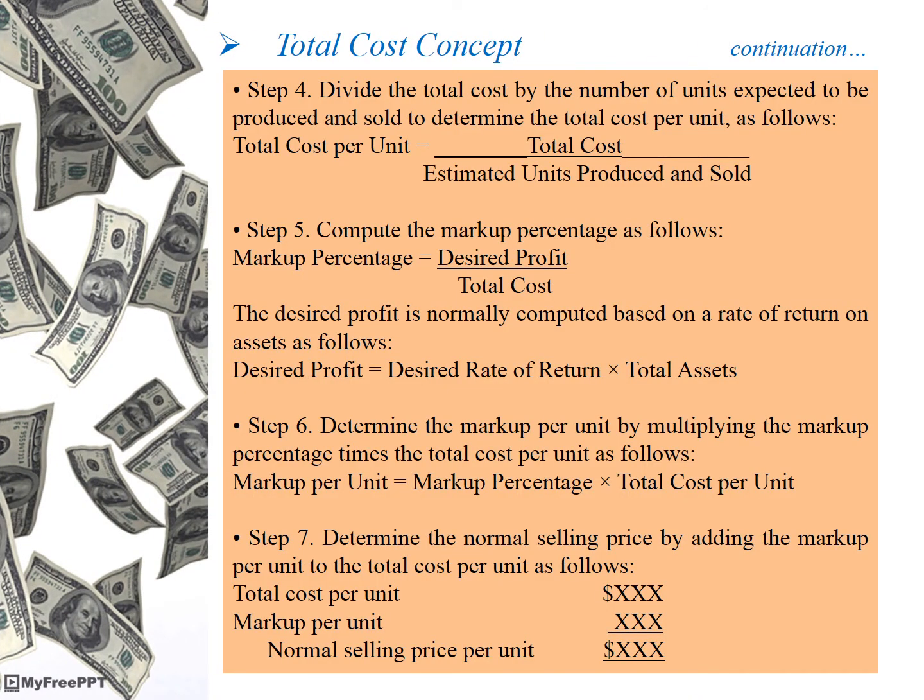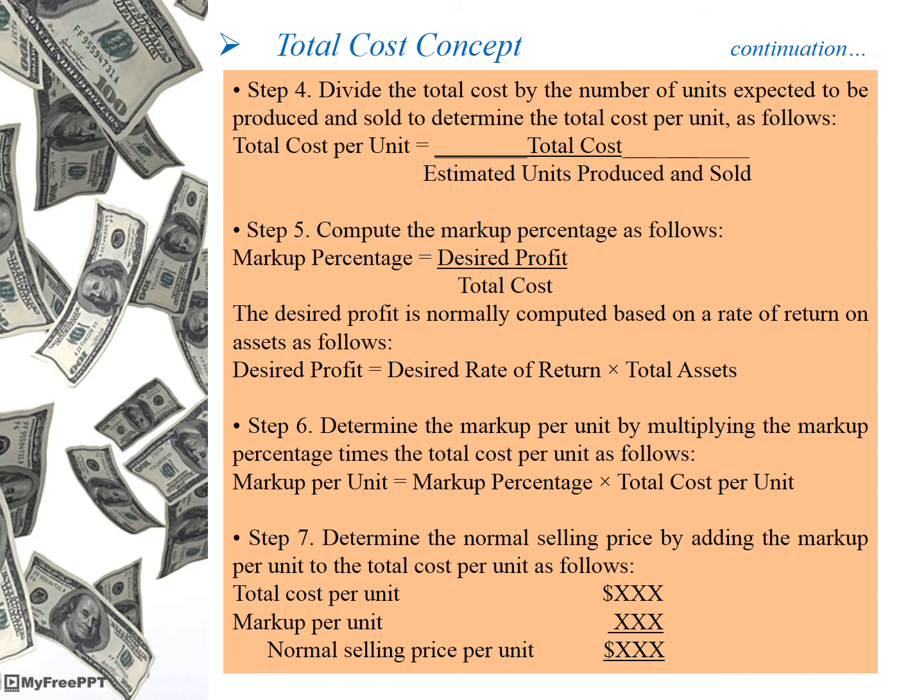Step 4. Divide the total cost by the number of units expected to be produced and sold to determine the total cost per unit, or total cost per unit is equal to total cost divided by estimated units produced and sold.